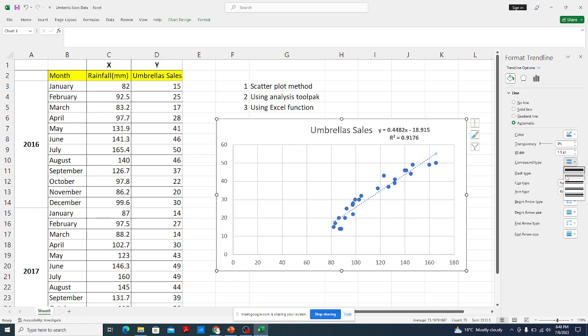For my case, I want it to be continuous.